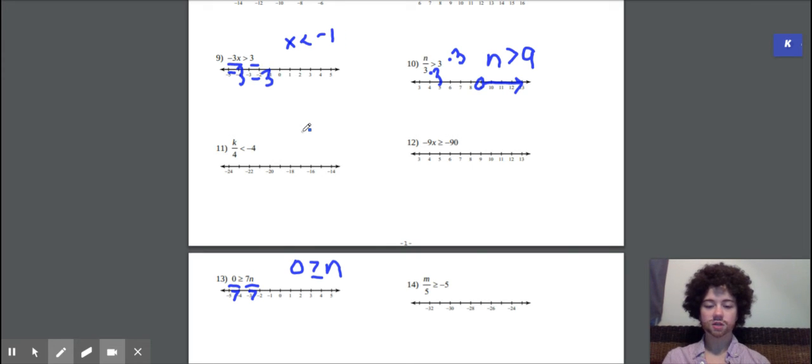All right, so let's try this one over here. -9x, again, no mistakes, only happy accidents. -9 times x is greater than or equal to -90. So let's go ahead and divide both sides by -9.